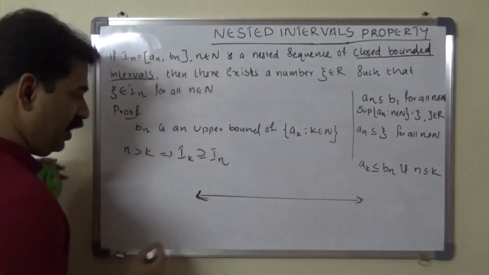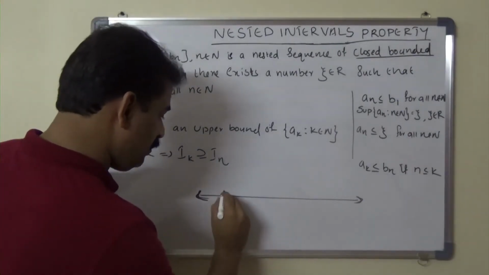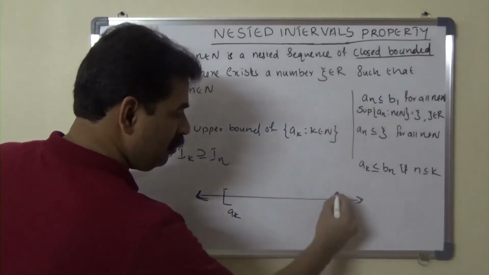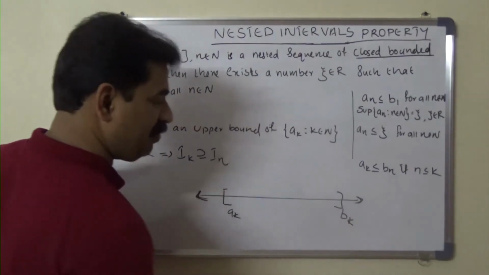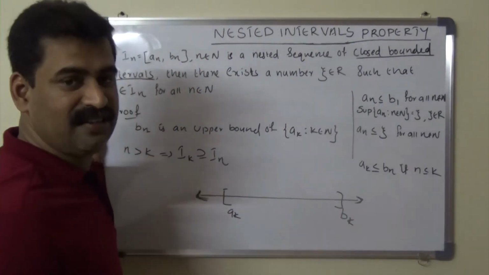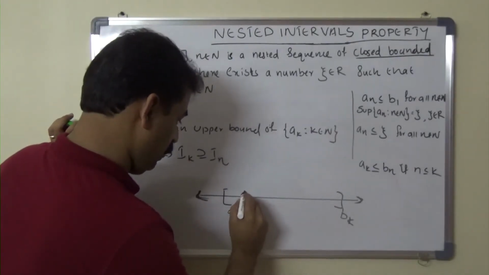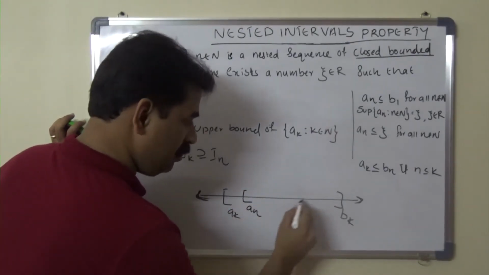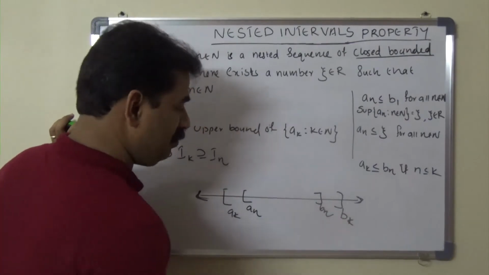So we draw the real line. This is AK comma BK, closed interval AK comma BK. That is Ik. Here we have Ik contains In. So this is closed interval An comma Bn, that means In.